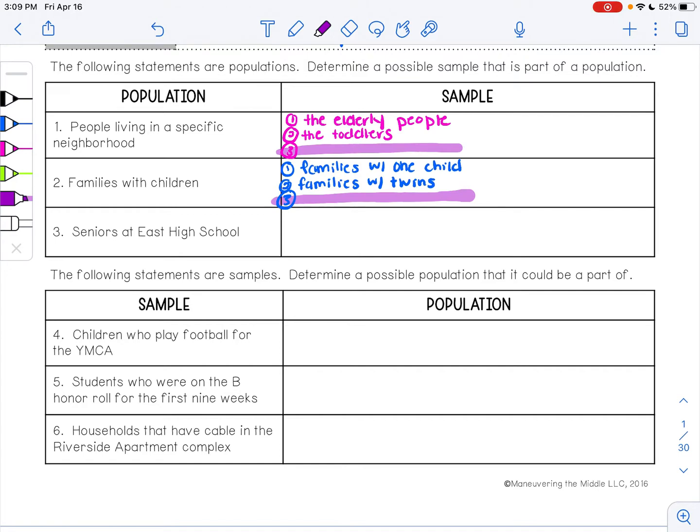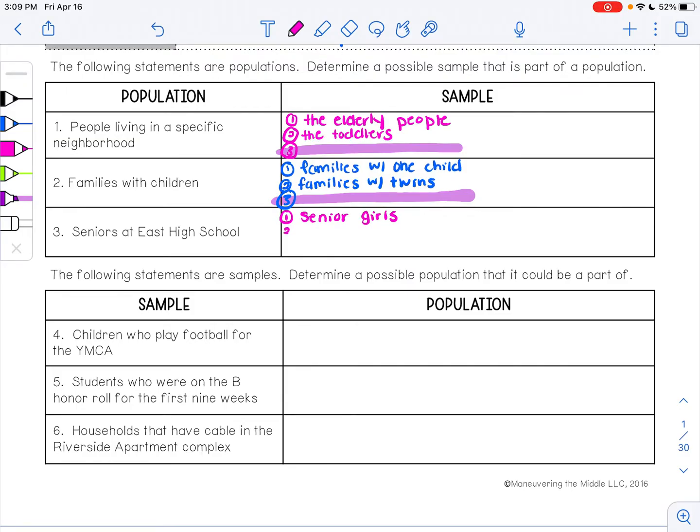Another population is seniors at East High School. So a sample of this could be senior girls. So from all of the seniors that are graduating, just the girls.